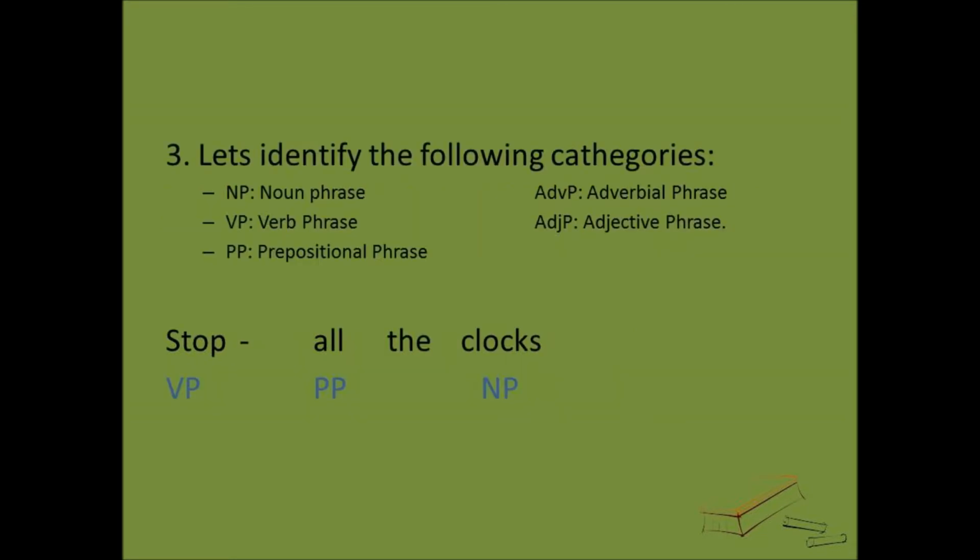The next step is to identify the following categories inside that sentence, okay? Noun phrase, verb phrase, prepositional phrase, adverbial phrase, and adjective phrase. So stop would be a VP, all would be a PP, clocks would be an NP.